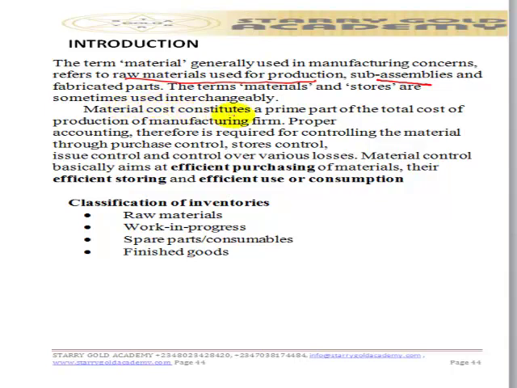Material cost constitutes a prime part of the total cost of production of a manufacturing firm. And therefore proper accounting is required for controlling material through purchase control, stock control, issue control, and control over various losses.